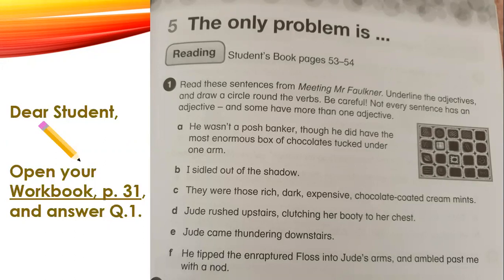B. I sidled out of the shadow. The verb comes after the subject. The subject here is I, and after the subject there is the verb. Here it is sidled. C. They were those rich, dark, expensive, chocolate coated cream mints.